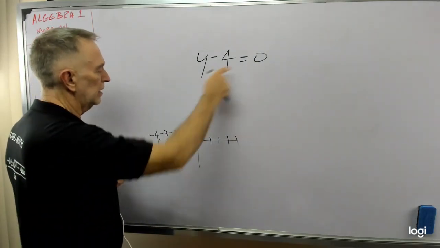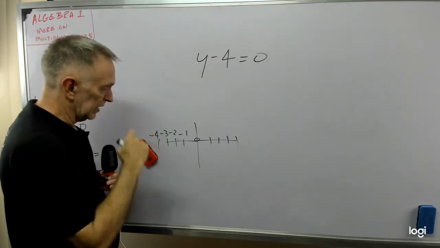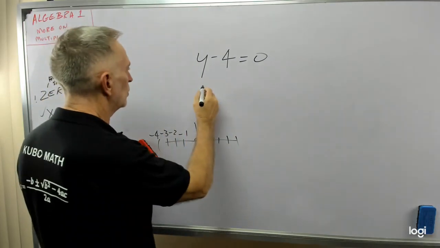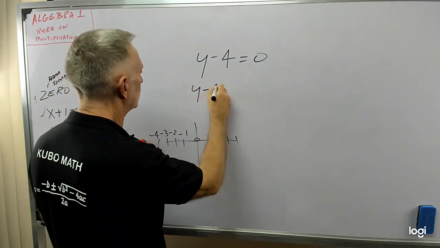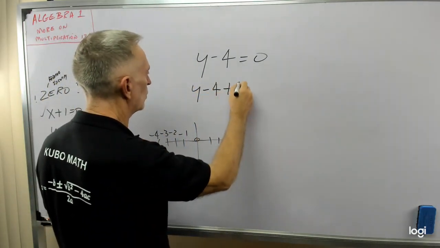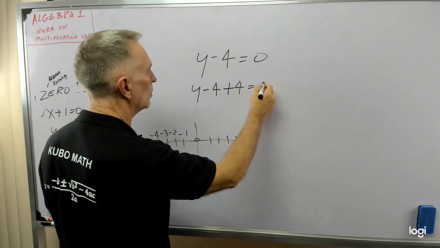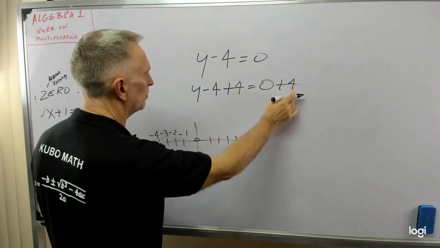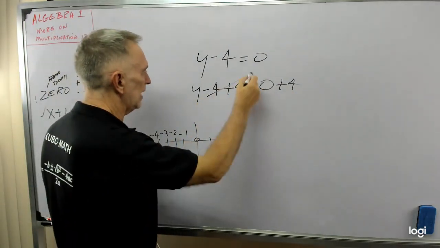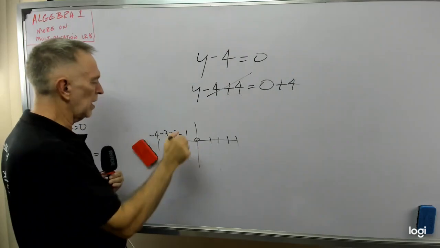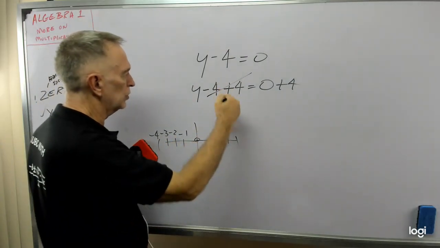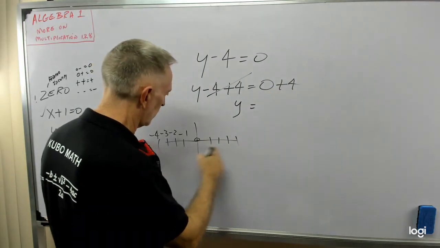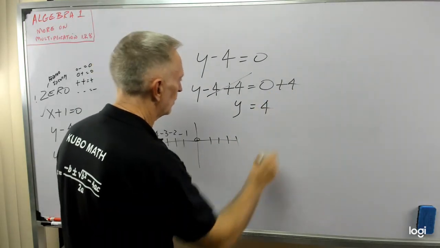So I need to add a positive 4. So y minus 4 plus 4 equals 0 plus 4. I've added 4 to both sides. A negative 4 plus a positive 4 wipes those two out. I'm left with y equals 0 plus 4 equals 4.